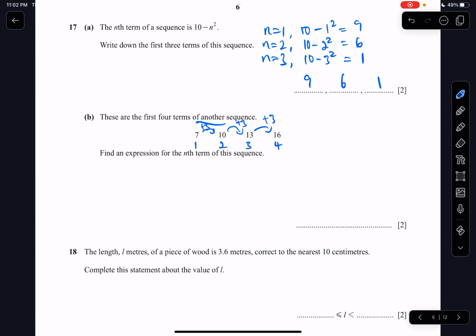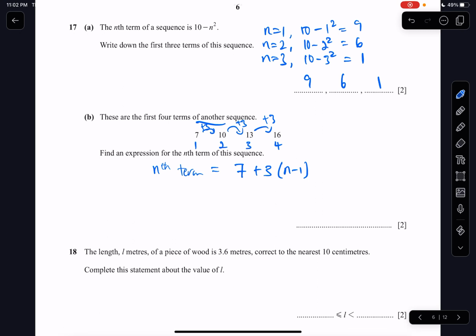So I know that my nth term will be: I start off with my first term, which is 7, and I need to add 3, but for my first term I'm not adding any, so it'll be n minus 1. Let's do a quick check.